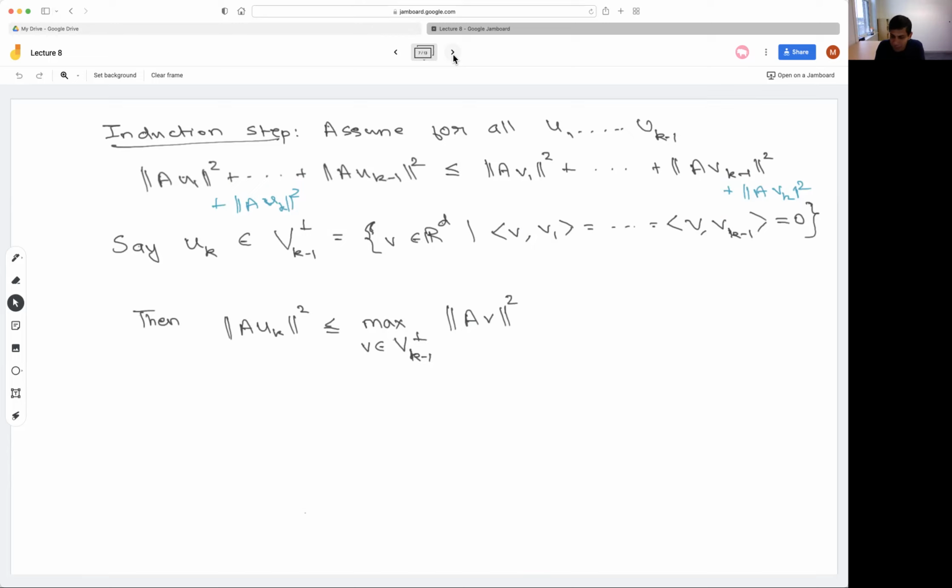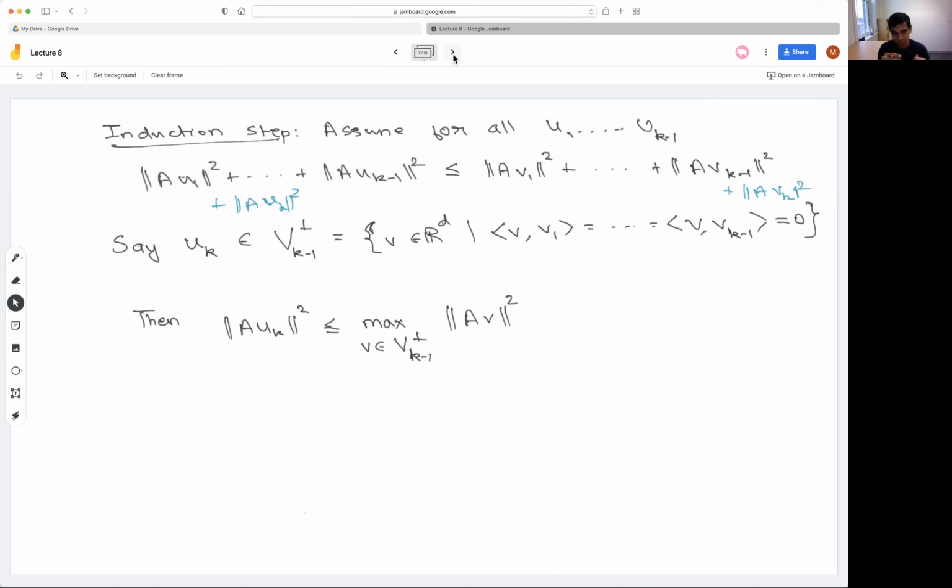For starters, let's assume that the Uk we are adding on the left side is nice in the sense that it's orthogonal to V1 to V(k minus 1). It's orthogonal to the first k minus 1 of the right singular vectors. As we saw earlier, you can always define this kind of thing as a subspace. We define things orthogonal to one vector as a subspace.